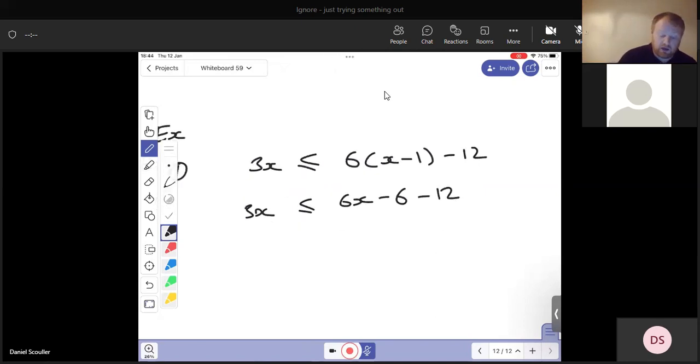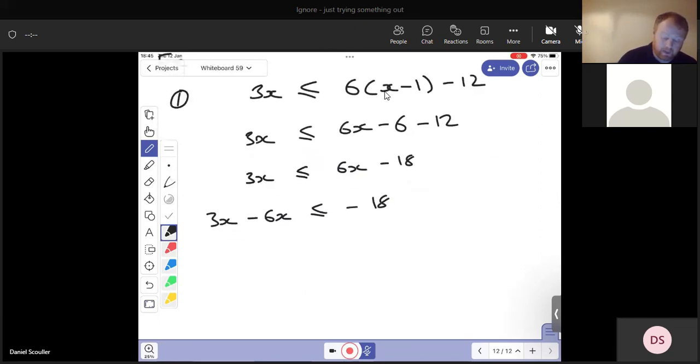Then we're just tidying up that right hand side. Greater than or equal to 6x, that would be minus 18. And now that's in the form that we sort of know. So we can take that x over to the left hand side. 3x stays the same. The 6x term is positive on the right hand side, so it becomes a negative. Change side, change sign.